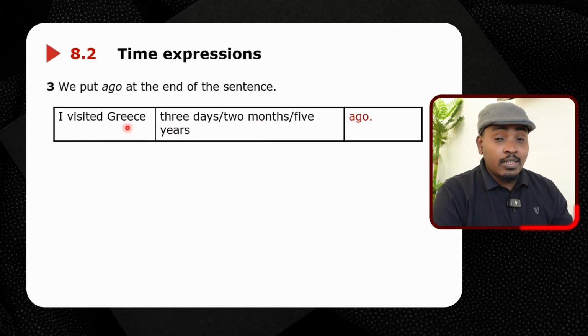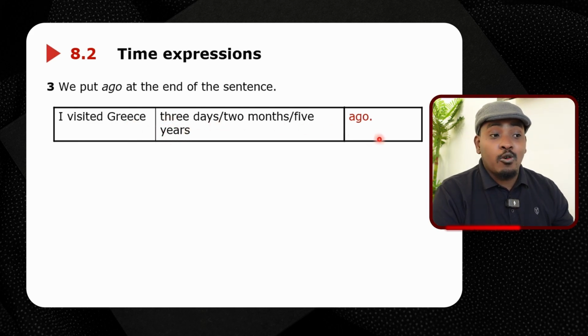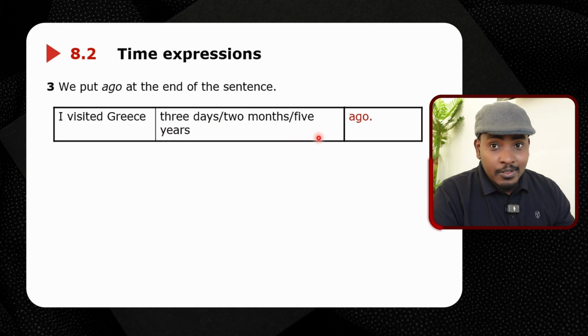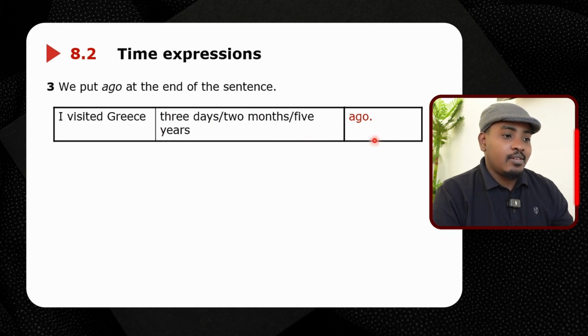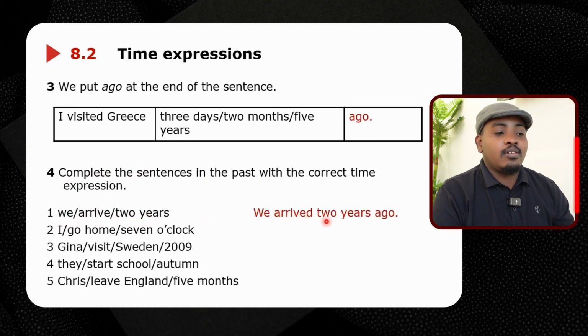So I visited Mecca, for example, 3 days ago, or 2 months ago, 5 years ago, okay? Now, complete the sentences in the past with correct time expression. So we arrived 2 years. We arrived 2 years ago.